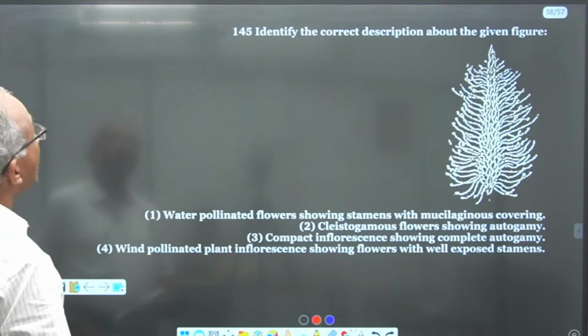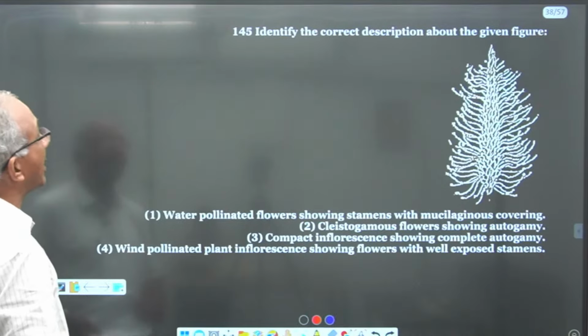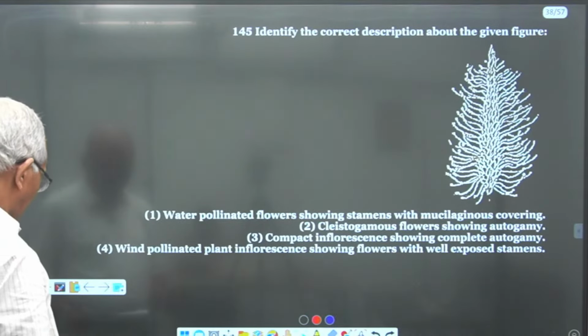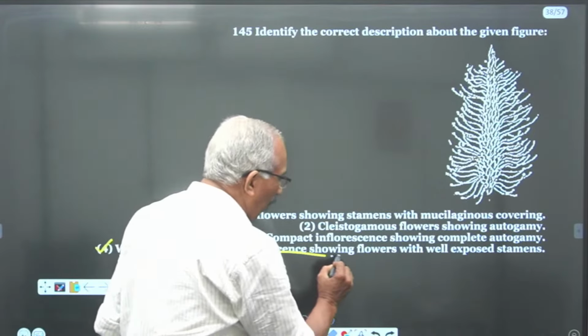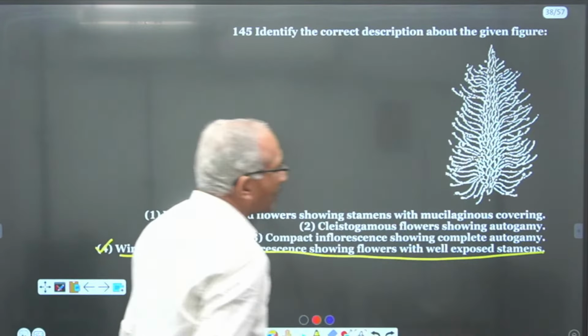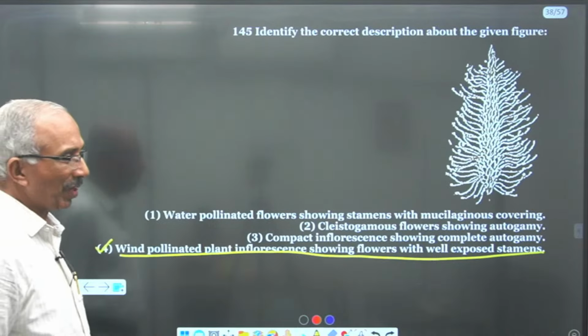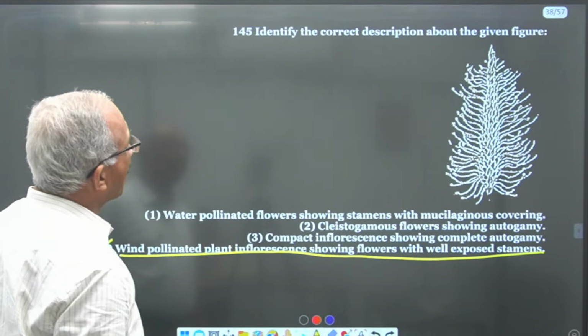Then the figure given as such is in NCERT. This is option 4, wind pollinated inflorescence showing flowers with exposed stamen. NCERT diagram as such it is given.